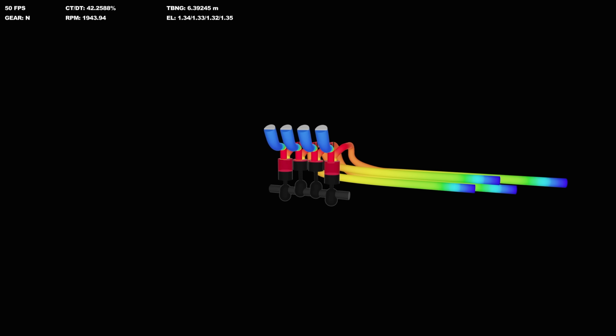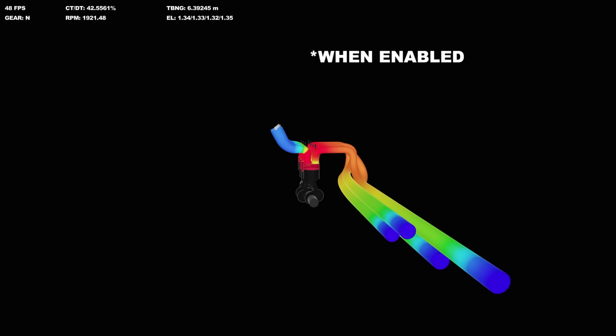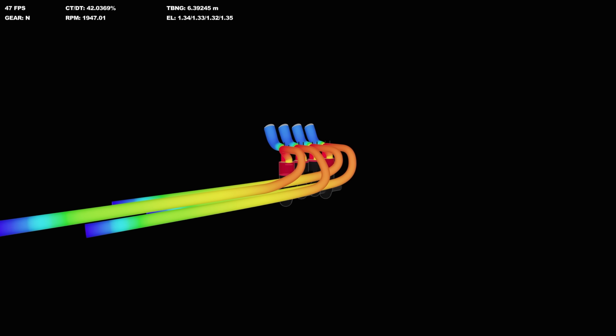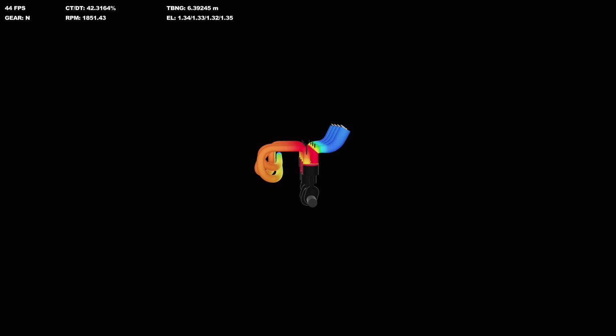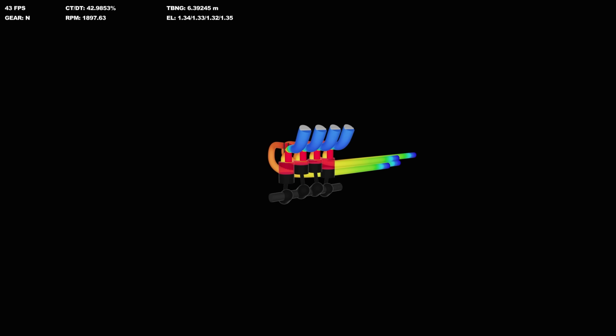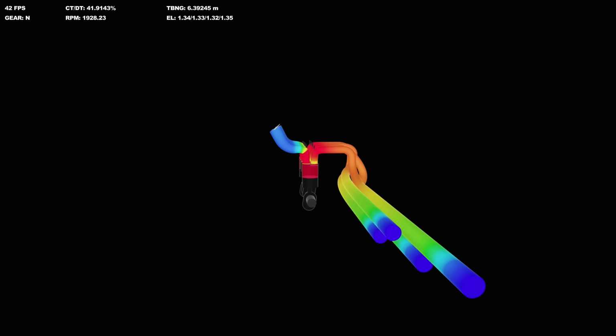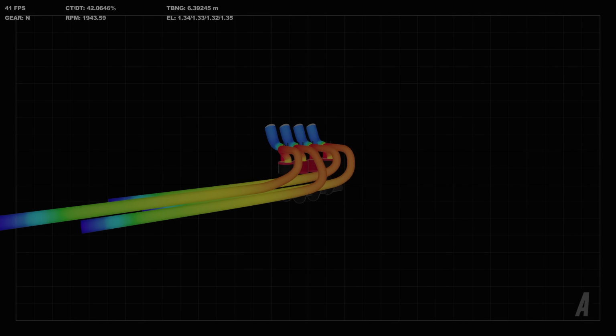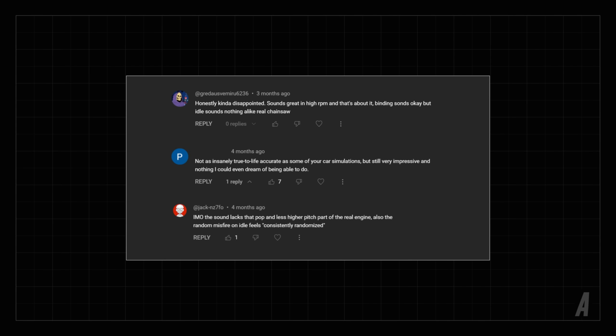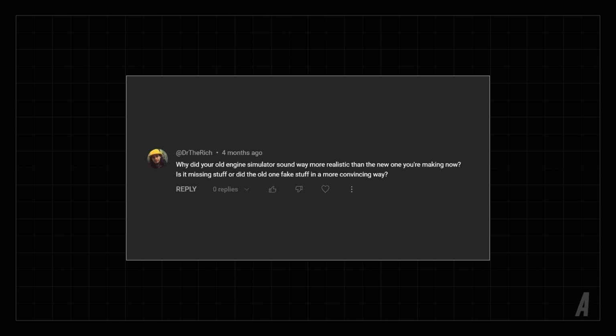The only audio processing done by the new simulation is a convolution filter for ambient reverb, since simulating the environment around the engine is kind of unnecessary and a bit outside of the scope of the simulation. When comparing the output like this, I think the improvement is even more obvious. Some people were concerned that the new fluid simulation somehow sounds worse than the old one, but I think this demo conclusively shows that this is simply not the case.